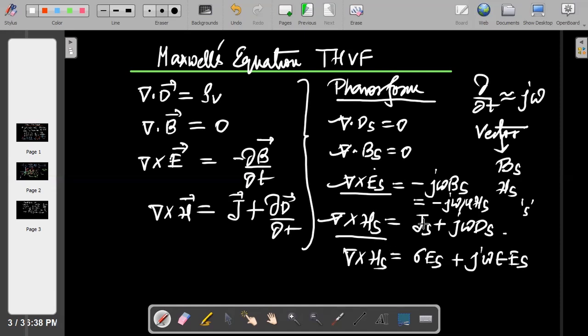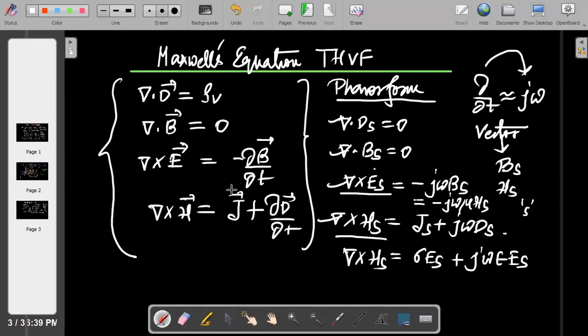Now you see, all the equations we have transformed into two variables, one ES, one HS, again HS and ES. So again, I am telling you, remember all these four Maxwell's equations. After that, you play with whatever I am doing now. I am writing in phasor form. So phasor means del t will be replaced by j omega. All the vector fields you will write in the form of DS, BS, ES like that.